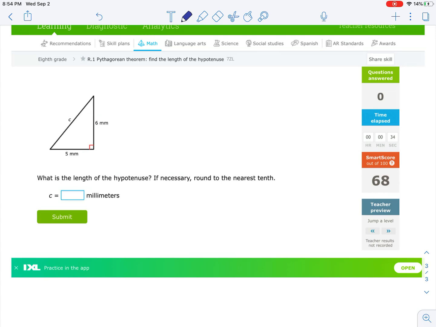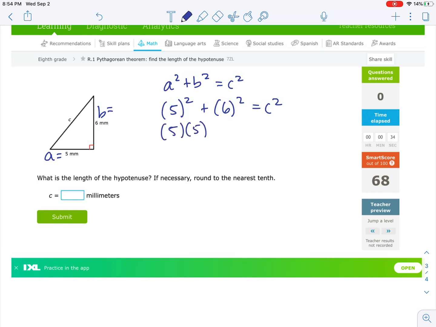For this next one, I start by writing my formula: A squared plus B squared equals C squared. I get to pick what I want to let A and what I want to let B equal. So I've let A be 5, I've let B be 6, and I'm looking for C. 5 squared is 5 times 5, which is 25. 6 squared is 6 times 6, which is 36.